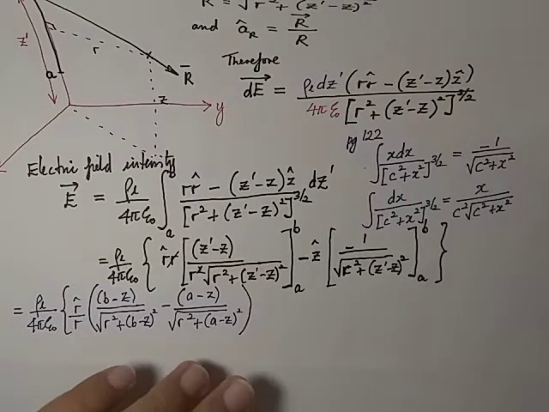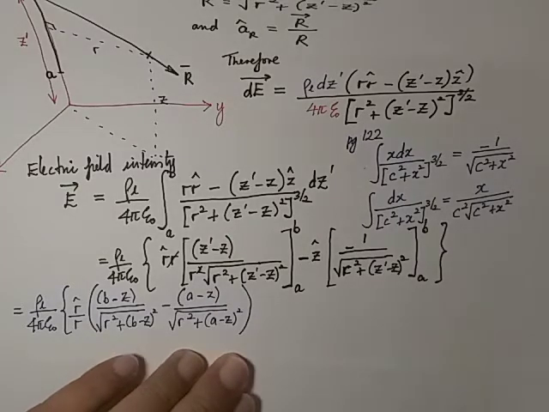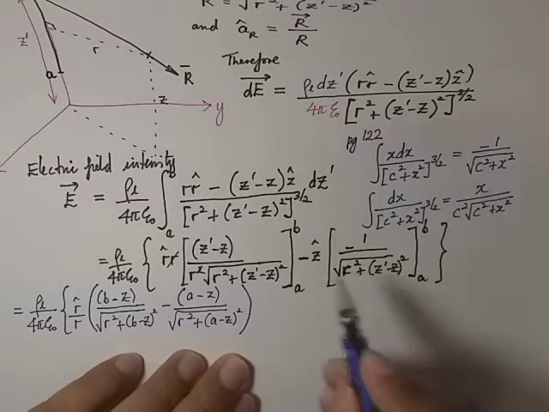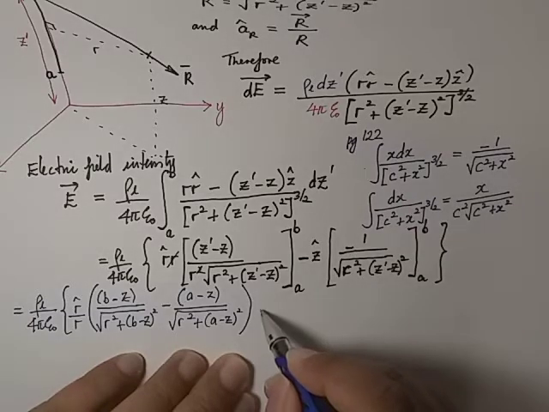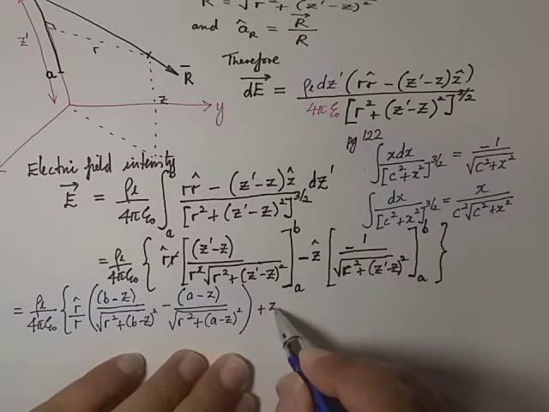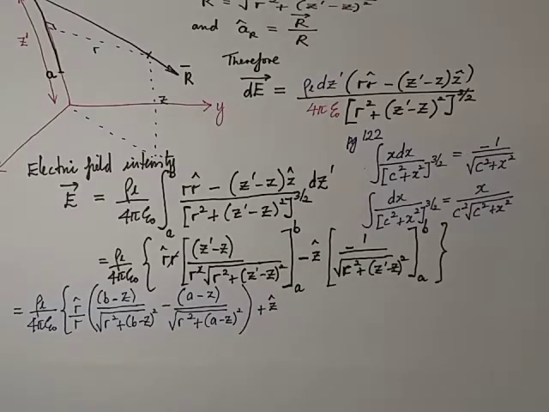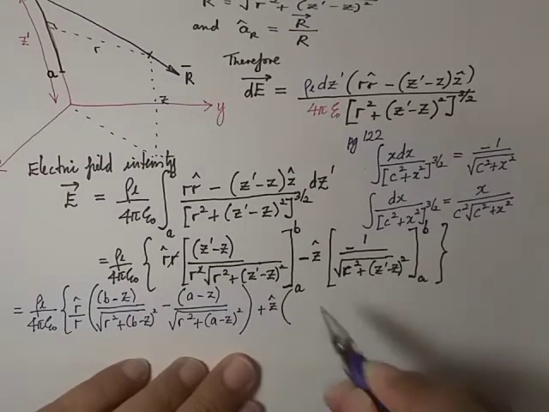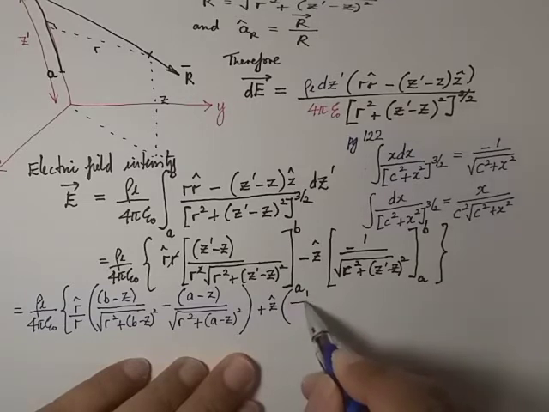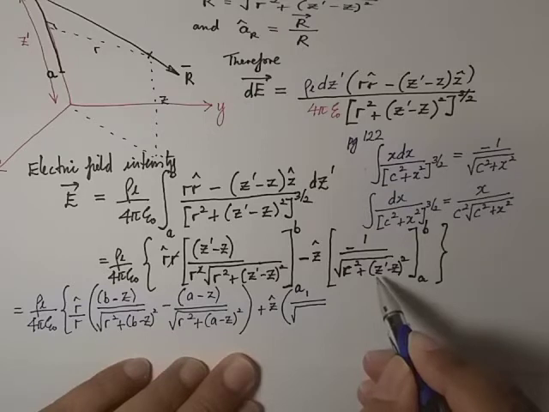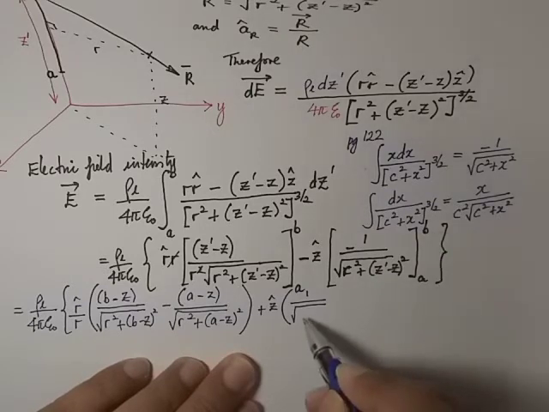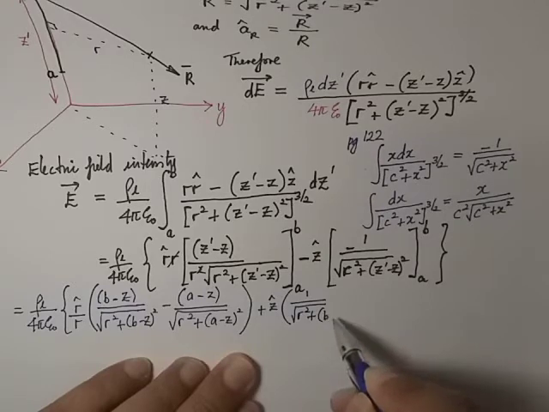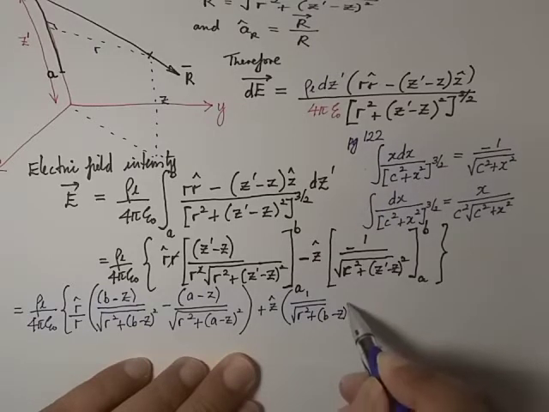Then I'm going to go on with the Z direction. So I'm going to see now the negative going to become positive now. Okay. So again, I'm going to substitute properly 1 over the square root of the first Z prime needs to be substituted with the variable B. So R square plus B minus Z square.